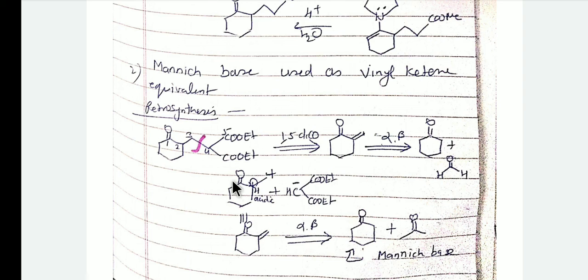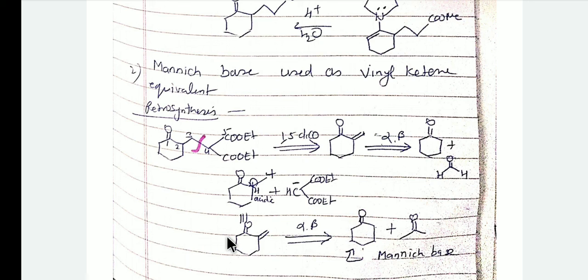In the first one, the hydrogen is removed from the molecule as a proton, giving its electrons to this carbon atom. So this carbon atom becomes negatively charged and forms a bond with this positively charged carbon atom, and we get the synthetic equivalent of this type.